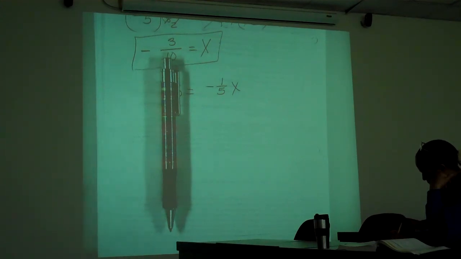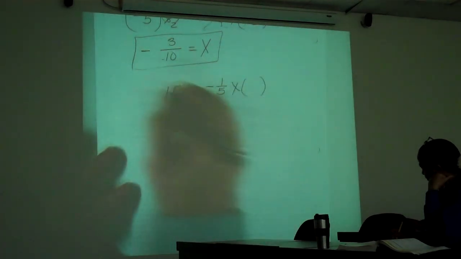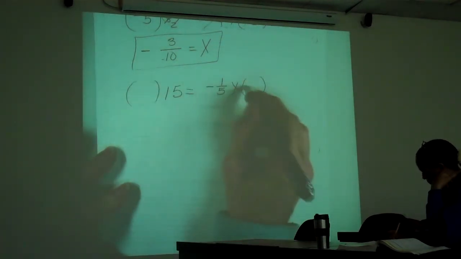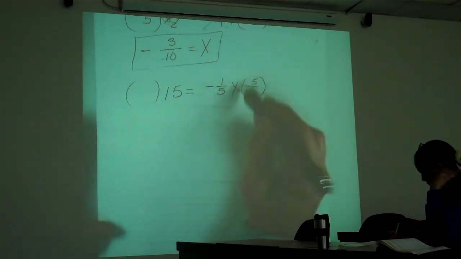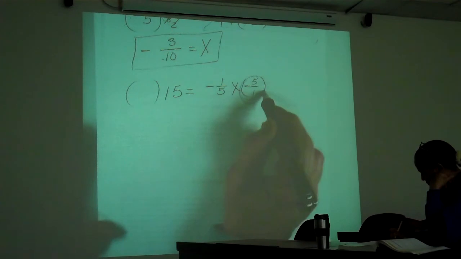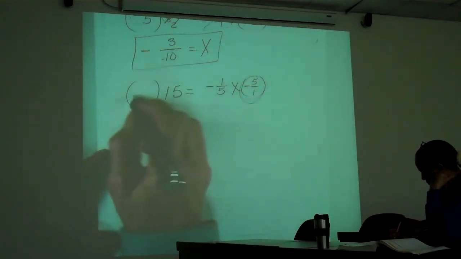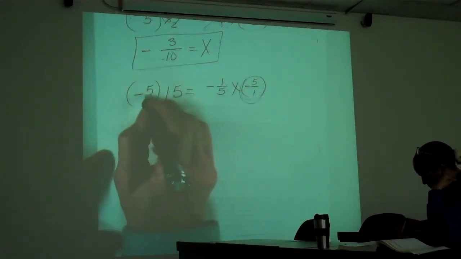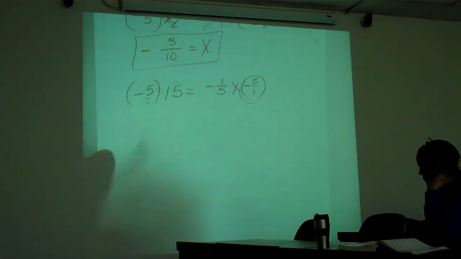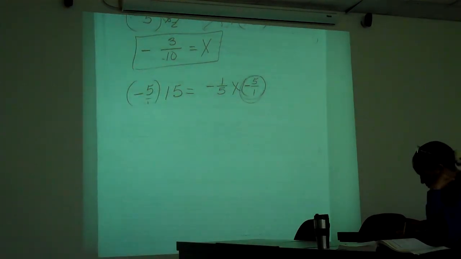Maybe I change it to 5/1. We're going to multiply by the reciprocal, which is negative, and then 5 on top, 1 on bottom. -5/1 is the same as -5. So we could put -5/1, or we could just put -5. You could put over 1, but you don't really have to.